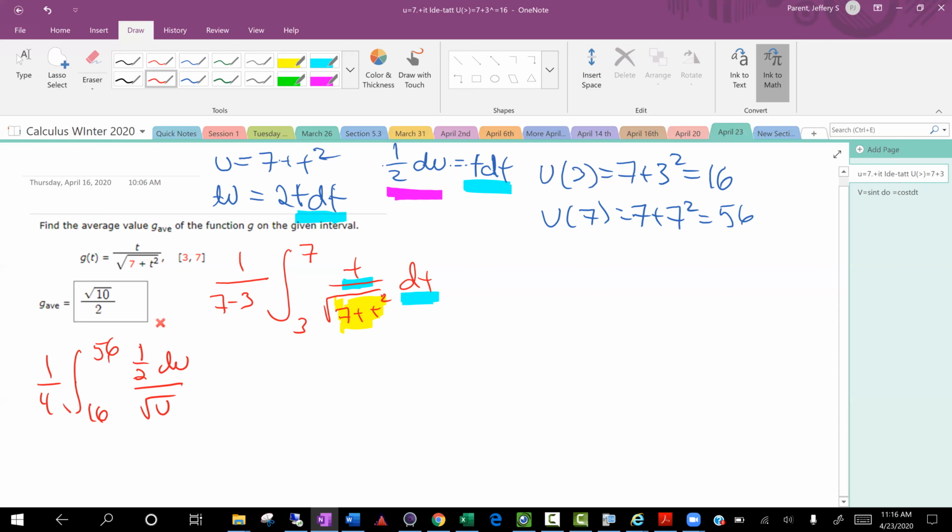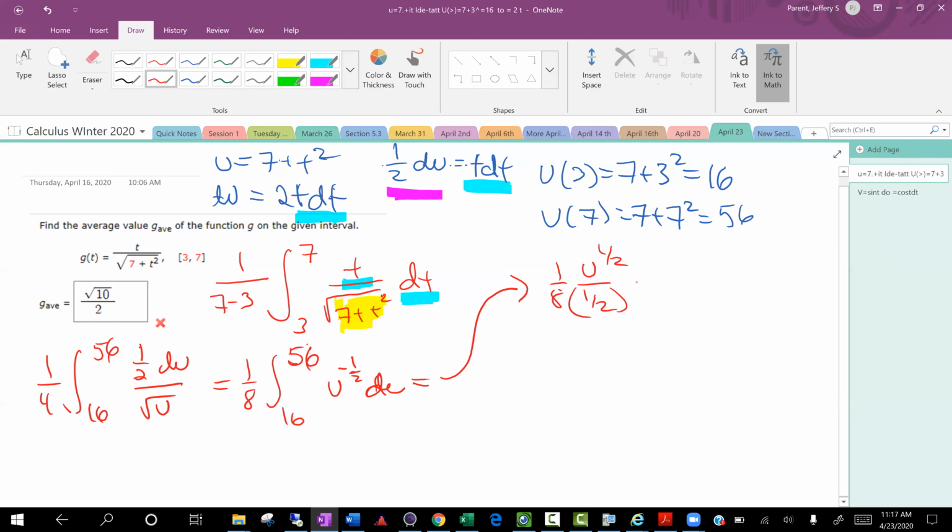So the 1/2 can come out in front, and that will multiply the 1/4 to give me 1/8. Let me rewrite the integrand as something a little different. Any suggestions as to what I could do here for u? To the negative 1/2. Thank you, Elise. To the negative 1/2. And from there, we'll find the antiderivative. That will come up here: 1/8 times u to the 1/2 divided by 1/2, evaluated between 16 and 56.